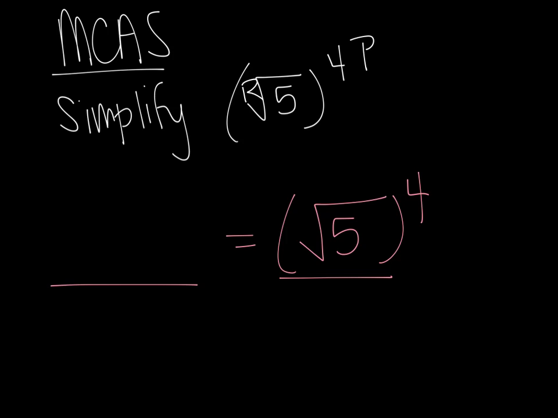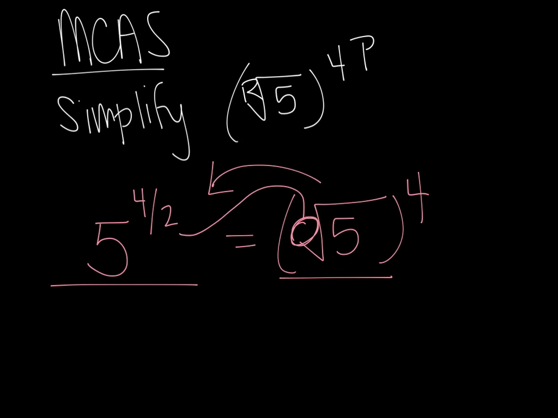Thinking about our rules that we just learned, how could I go backwards to figure out what the problem looked like before I changed it to that form? Well, we always said that the power was the numerator and the root was the denominator. So our numerator will be 4, and our denominator will actually be 2. Even though it doesn't say a 2, we know the square root is an invisible 2.